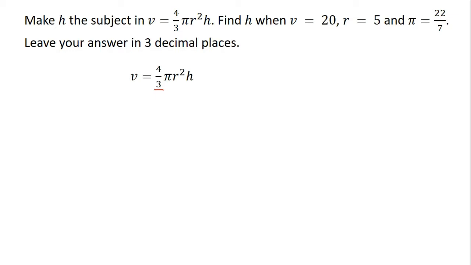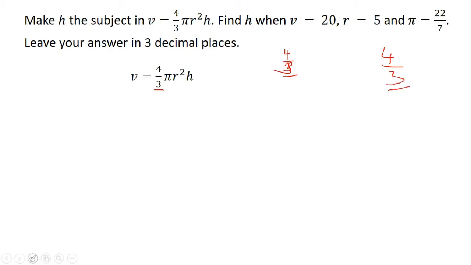So after you've identified the fraction, you have to find the LCM of the denominators. There is only one denominator here, so the LCM is going to be that number. So here 4 over 3, the LCM is 3. Okay, so the fraction we have is 4 over 3, so the LCM is 3.